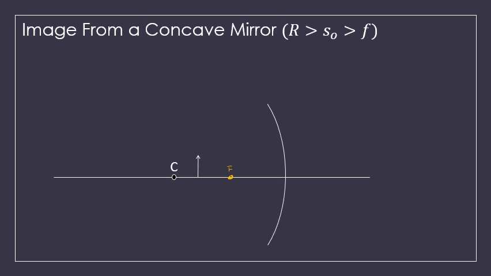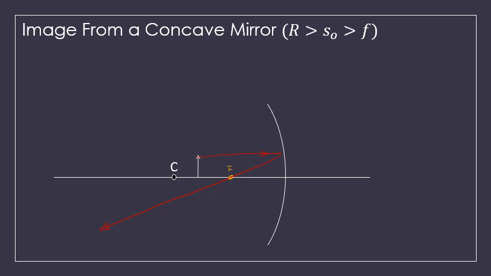And so if I'm thinking about the rays here, I will draw the parallel ray, which goes parallel to the principal axis and then reflects through the focal point.